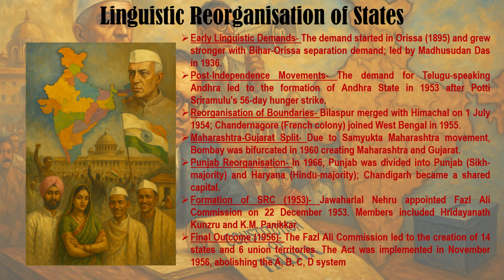So from November 1956, India had 14 states and 6 union territories, and thus the ABCD system of colonial categorization of states was abolished. This was mainly abolished in order to show that all states will be treated as equal, not according to their importance. So that was how linguistic reorganization of states happened.